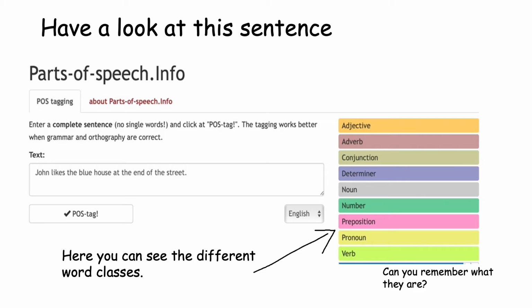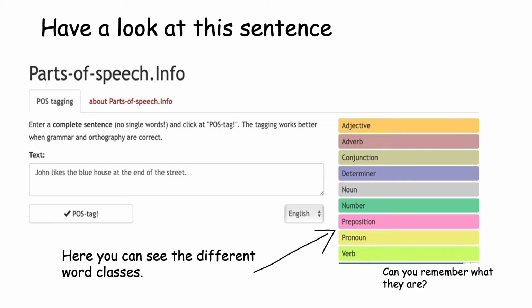Remember on our chart when we were going through, it's a verb because you're liking something. So John is the noun, likes is the verb, the is a determiner, so that would be underlined purple.